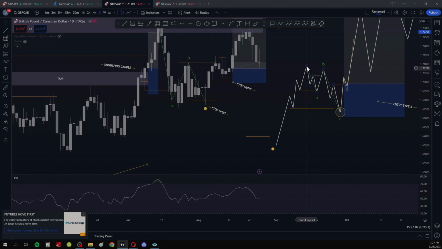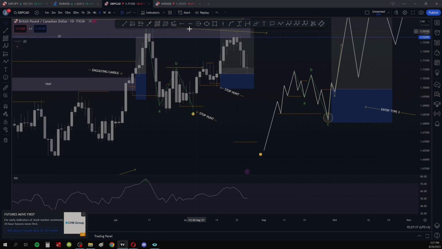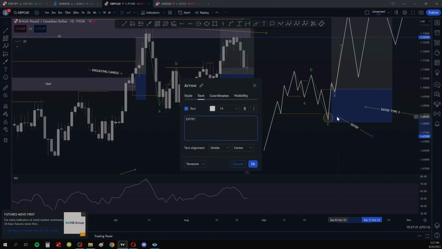See, 1 2 3 4 5. Then we have this correction taking out at least one or two of these lows, and then in here we should have an entry candle or engulfing candle.